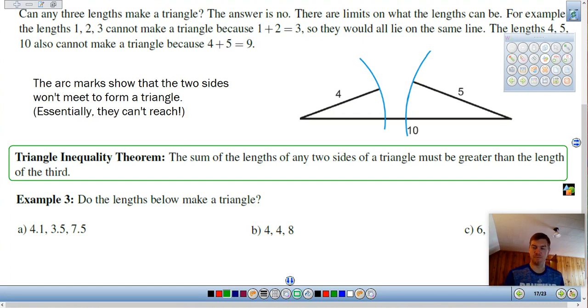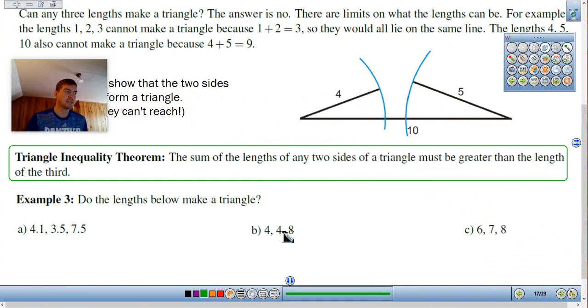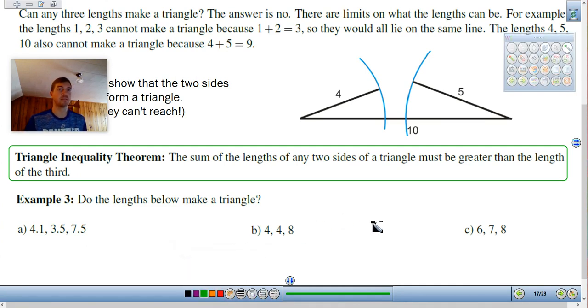What I mean is we don't really need to worry about the longer side. Let's just check to make sure that the 2 smaller sides will add up to be larger than the largest side. So here are 3 side lengths.